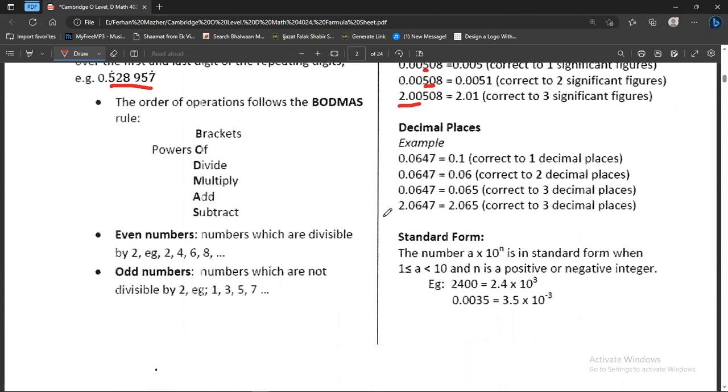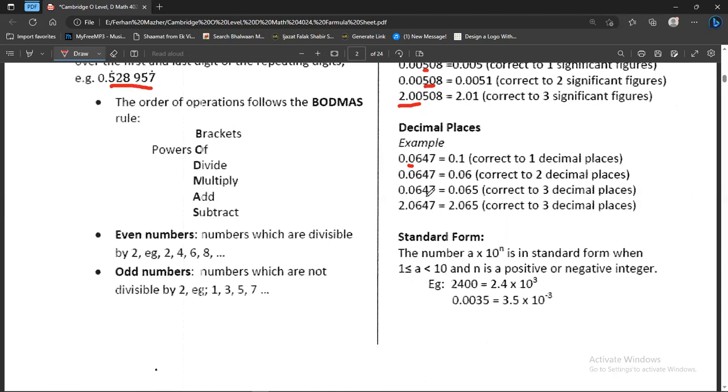Decimal places means after the decimal, the first digit on the right side, that is the first decimal place. For example, here, this number is correct up to 1, 2, 3, 4 decimal places. If you want it correct up to 1 decimal place, this is that place. Because after this is 6, it becomes 0.1.